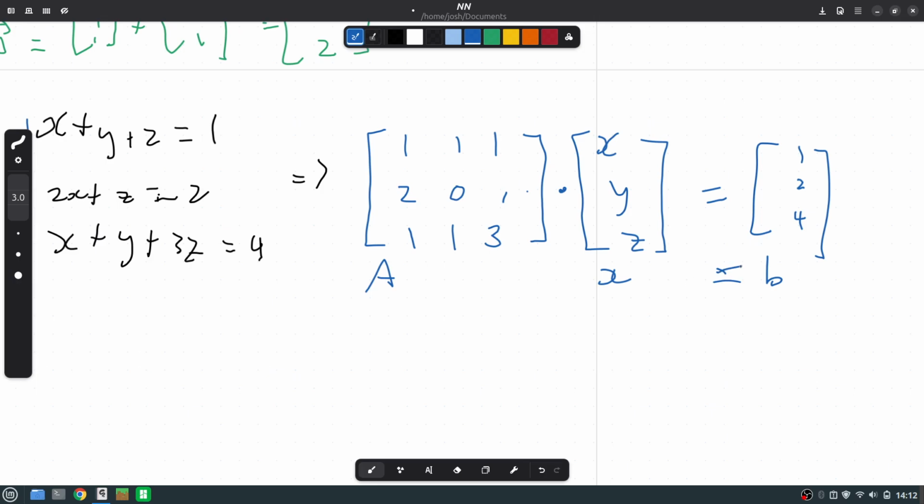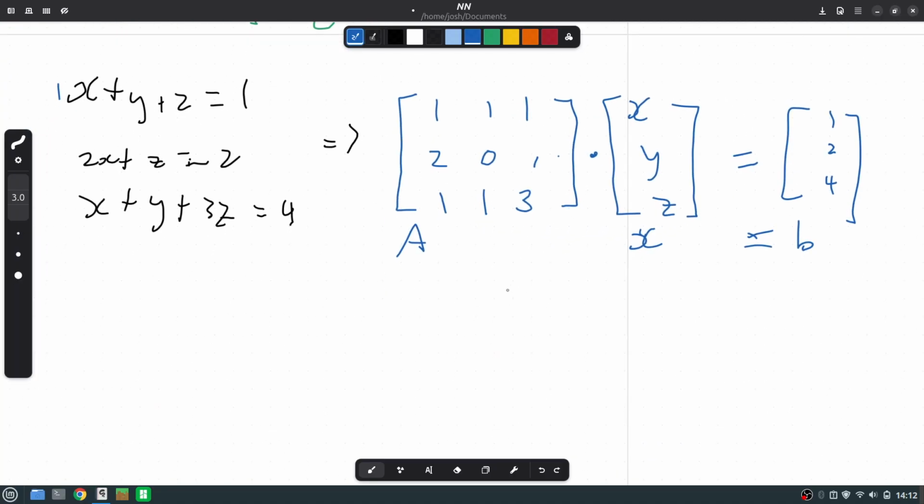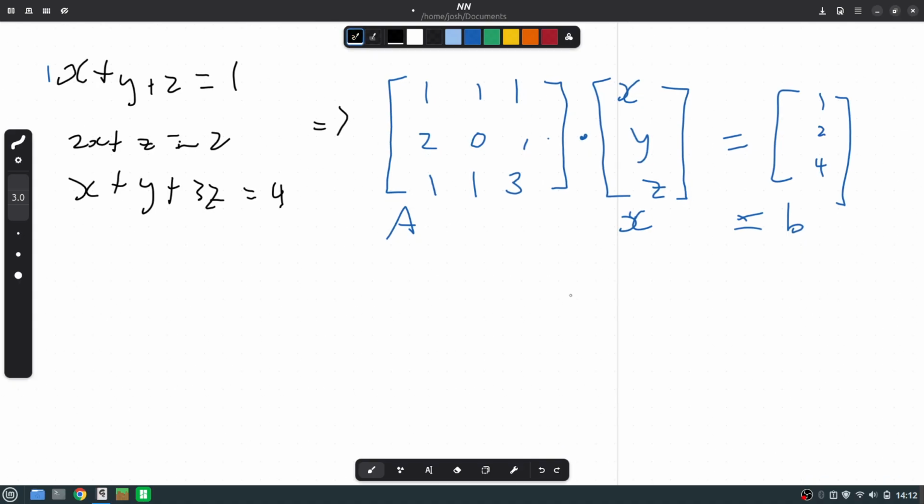Some kittens. Okay. How do we carry out this matrix multiplication? Normally they will teach you the dot product or something like that. I'm just going to show you a linear combination of columns, and the so-called dot product will show up anyways. What you do is you take the first entry of your vector here, x, and you multiply it by the first column of your matrix. So it's going to look like this, x multiplied by 1, 2, 1.